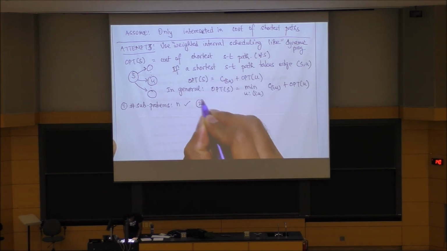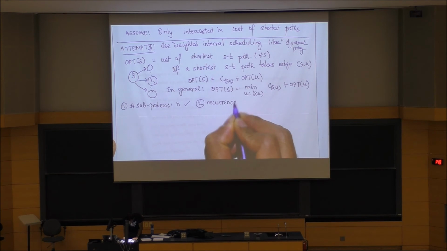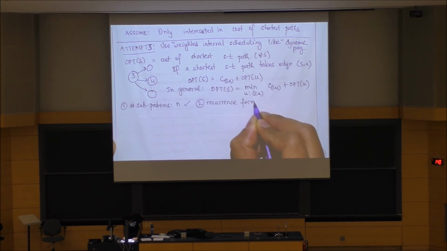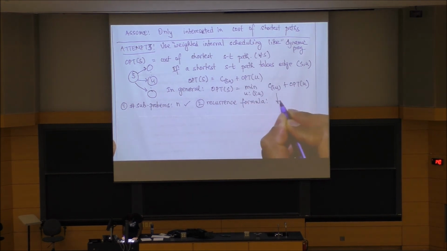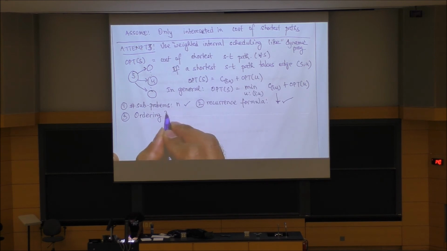The second thing we wanted was a recurrence formula, and that we already have. So the one thing that needs to fail and will fail is the ordering issue. So we need a good ordering.